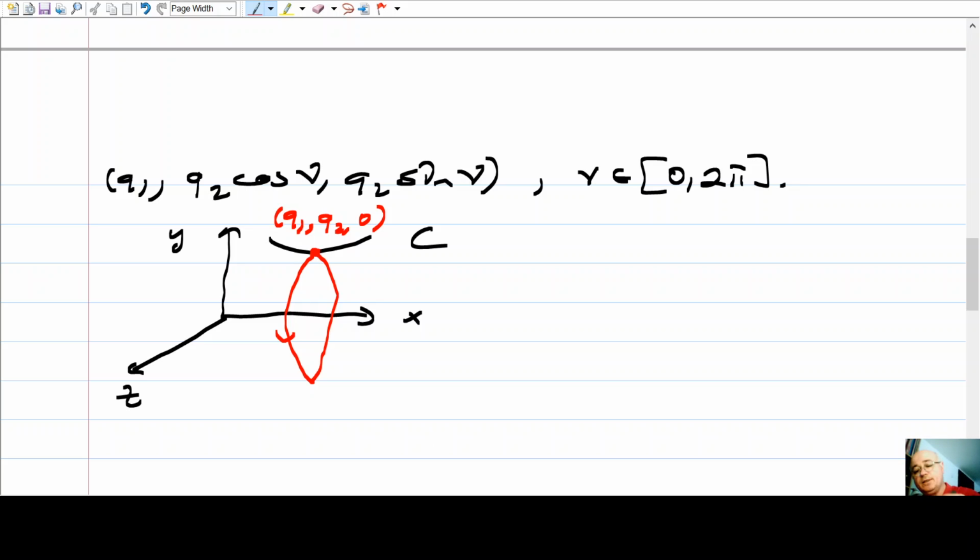If I rotate this about the x-axis. So this way, rotating all the points on the curve, we obtain, of course, a surface, right? Like this. So this is the surface of revolution.